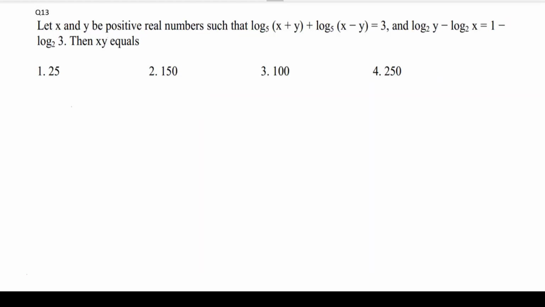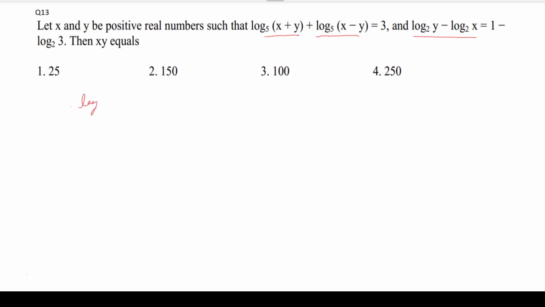Let x and y be positive real numbers such that log of x plus y base 5 plus log of x minus y base 5 equals to 3, and log 2y minus log 2x equals to 1 minus log 2 3. Then we need to find the value of the product of x and y.